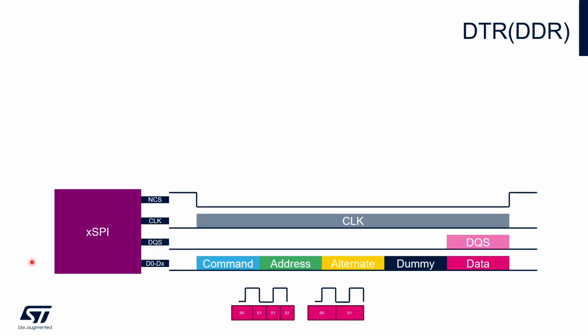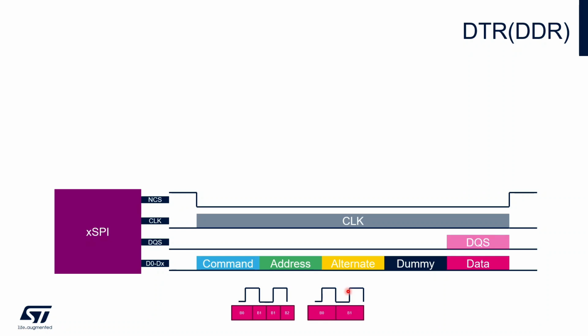The next part is the DTR mode, where you can select if you are sending the data on both the rising and the falling edge of the clock, or only on the rising edges or the falling edges, depending on the mode, which we were talking about in exercise number 1.